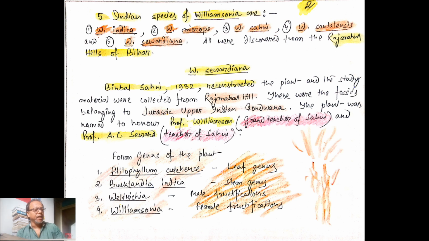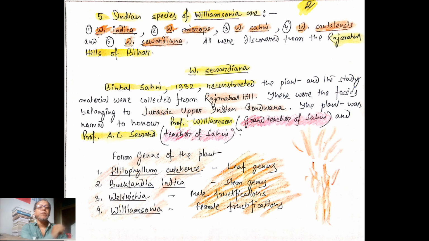Birbal Sahni in the year 1932 reconstructed the plant, and the study material was collected from the Rajmahal Hills. Why is it designated as the reconstructed plant? Because in this case the leaf genus, the stem genus, the male fructification, and the female fructification were fossilized separately, not as a whole plant.